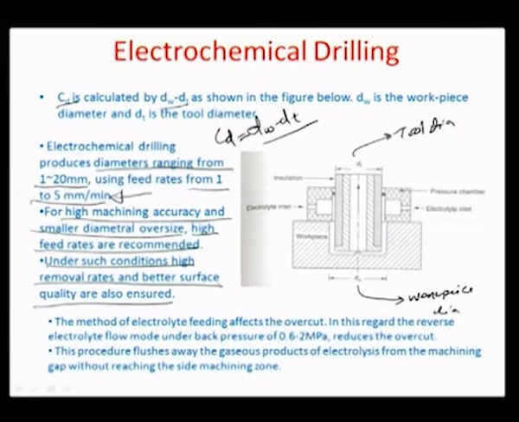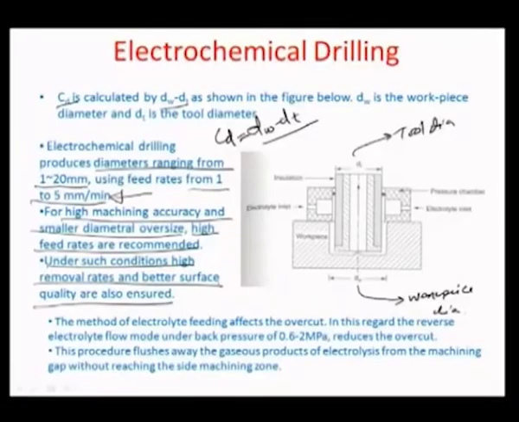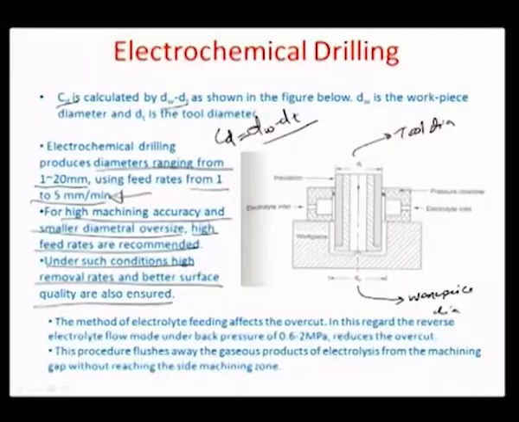The method in which you feed the electrolyte sometimes influences the overcut, and the overcut is basically the amount of CD, which is the difference between the workpiece diameter which finally gets formulated and the tool diameter that you are using. So in this regard, the reverse electrolyte flow mode under back pressure reduces the overcut.